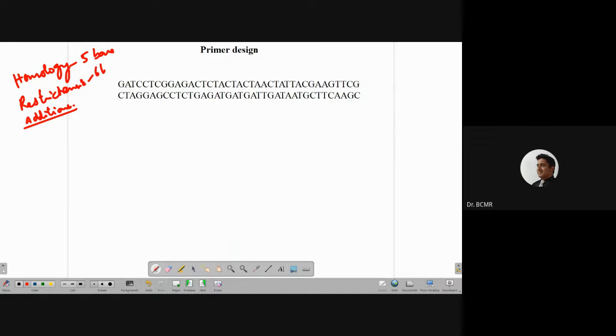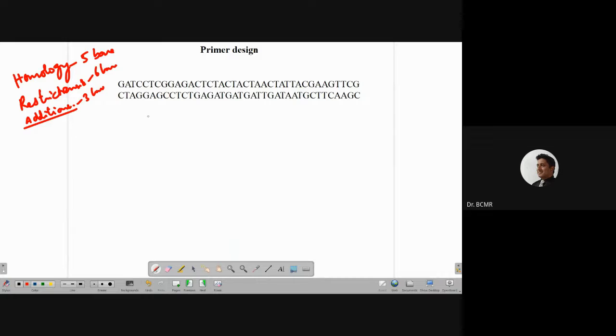The restriction site will be about 6 bases, and for additional bases take 3 bases. Okay, this is an exercise. You please try it out and let me know when you are done, and post it in the WhatsApp group. I'll have a look at it, and then we will try to solve it again.